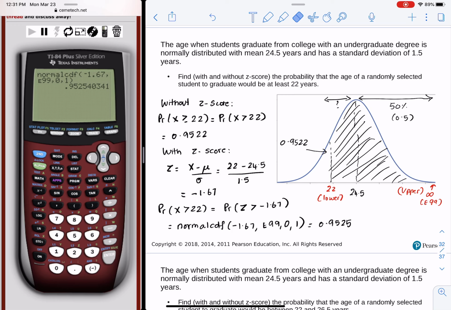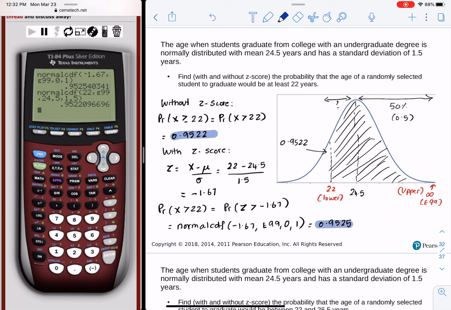Now this happens because of rounding and such, so this answer here is correct, and that is close.